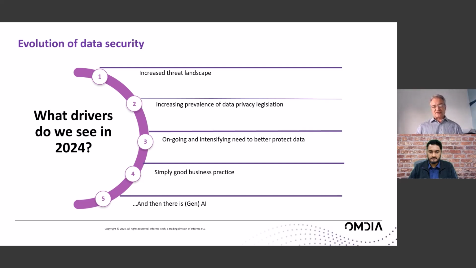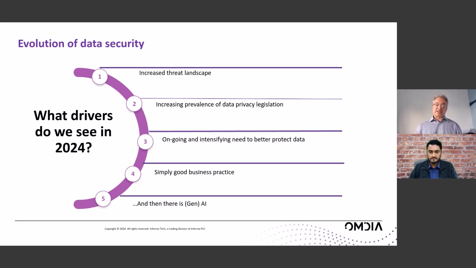But various states in the US looking to launch their own flavors. And I think current rate of progress, the prognosis is about half of the US states will have their own form of data privacy legislation by the end of 2026. So it's certainly an area which is driving the need for better data protection, better data security.